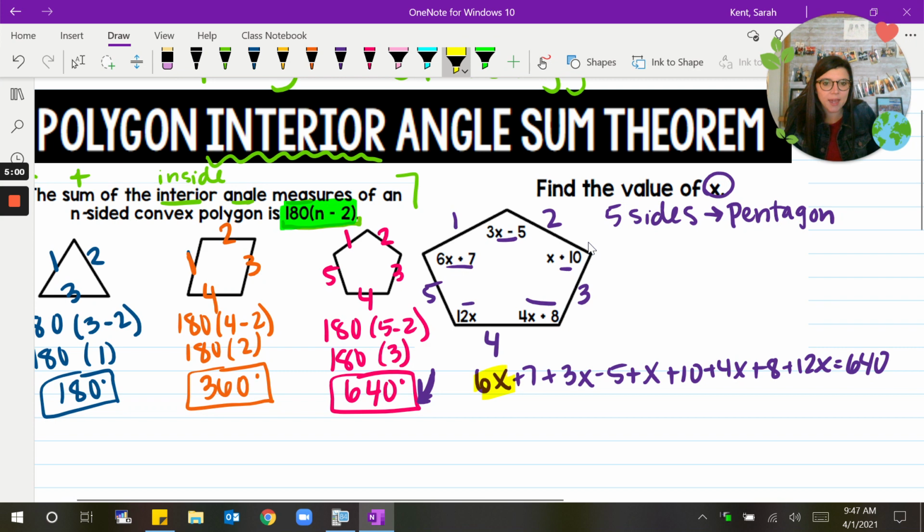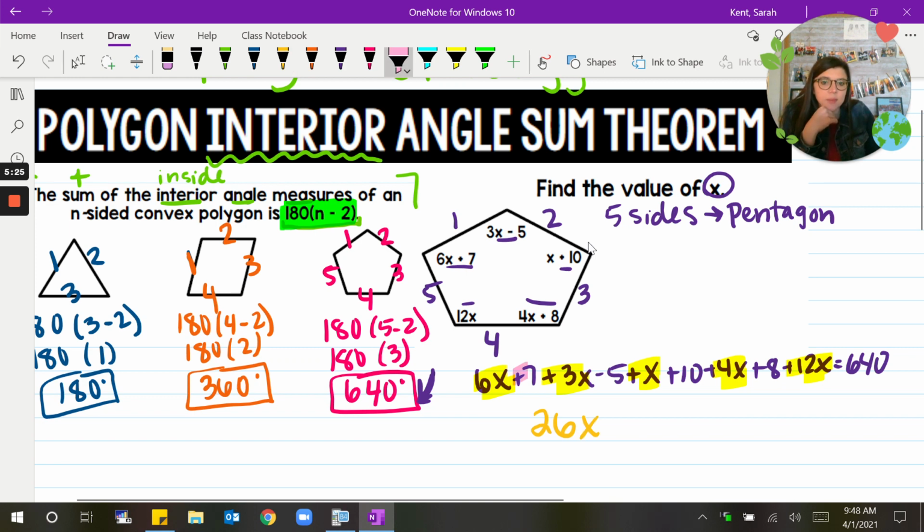I'm going to take all of my x's, 6x plus 3x plus x plus 4x plus 12x, and add all of those together. 3 plus 6 is 9, plus 1x is 10, 10 plus 4 is 14, 14 plus 12 gets me 26x.